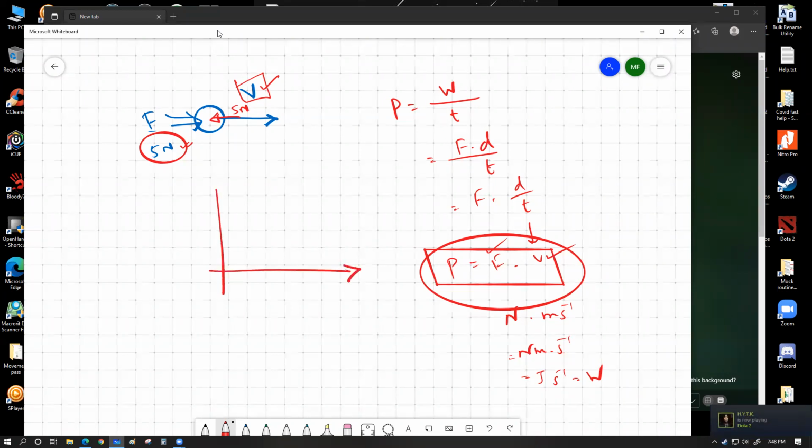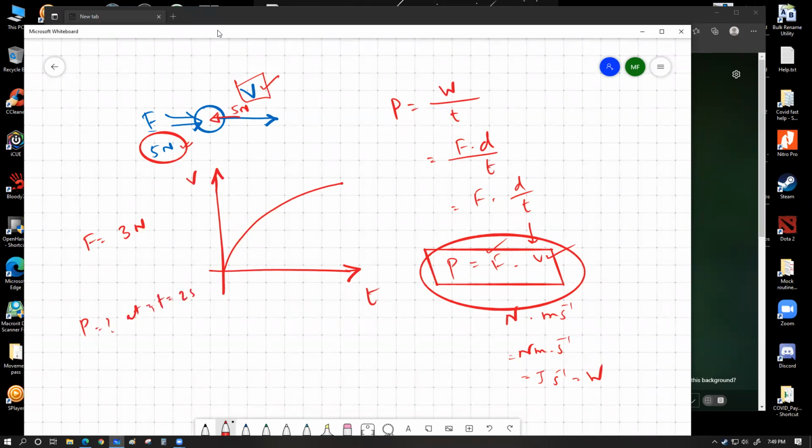Let's say here is an object. We are given an equation for an object that gives us the velocity over time, and let's say the velocity over time has a curve like this. So the object is about to reach terminal velocity, and if the question already tells you that the object was being pushed by a forward force of, let's say, 3 Newton, then what is the power at, let's say, t equals 2 seconds?